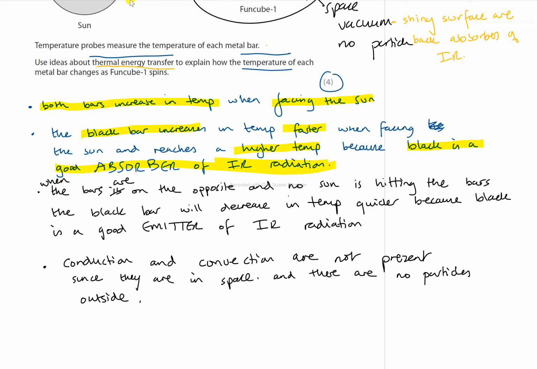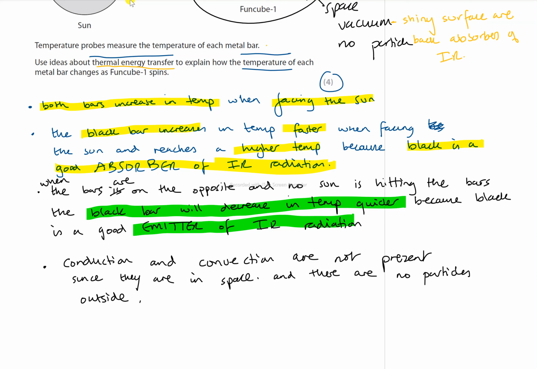Next, when it's pointing away from the sun and you've got no sun hitting, the black bar will decrease in temperature quicker because black is a good emitter. Now we're going to just finish it off with conduction and convection are not present. Why are they not present in this instance? Because they're out in space, and in space there are no particles. And that'll finish it off.